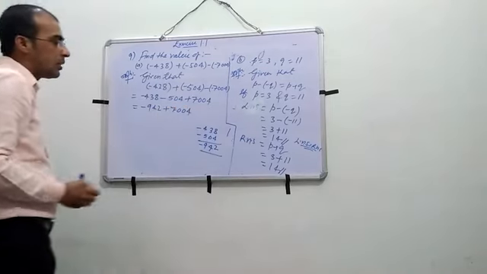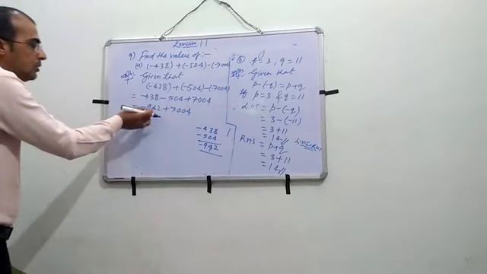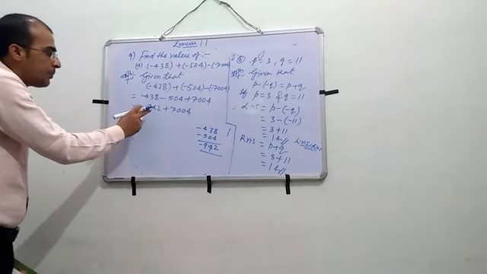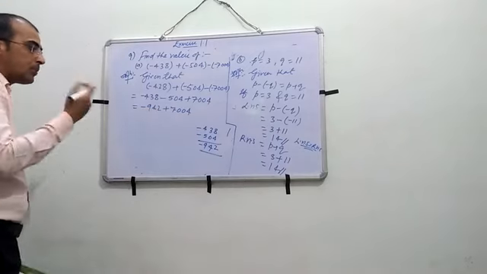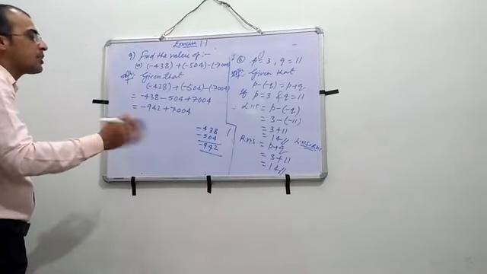and plus 7004. Is it clear? In this case, this is minus and this is plus. If one is positive and another is negative, we will subtract.